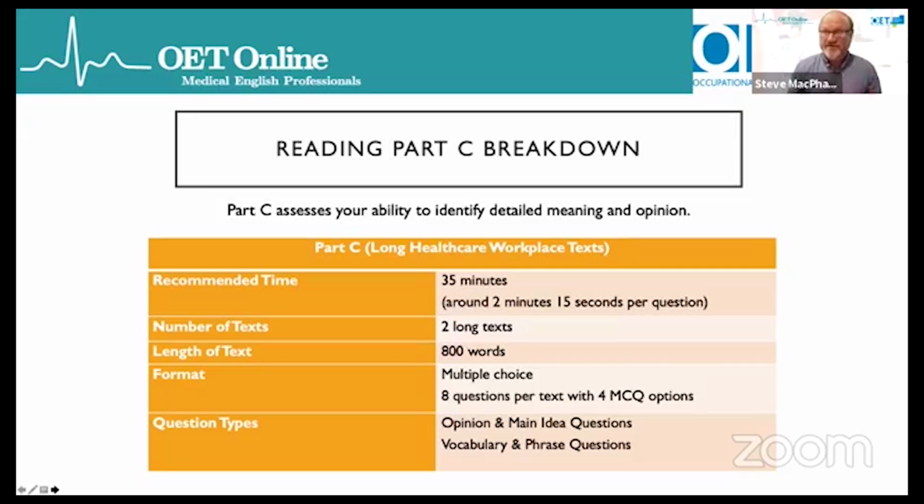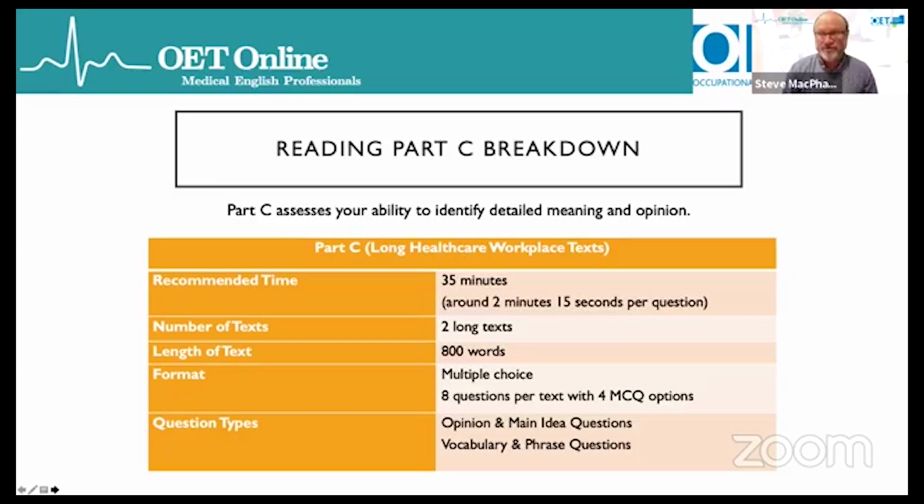All right, each text that you read will be roughly 800 words long. And there are 8 questions, as I said, and they have 4 options. It's standard multiple choice question structure. So there'll be a question stem and 4 answer choices, and it will relate to a paragraph in the text.